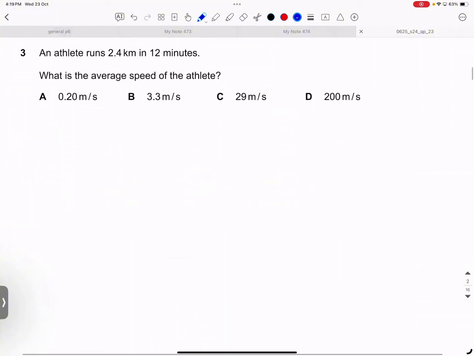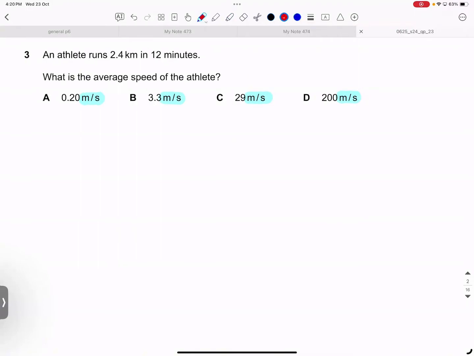Question number 3. An athlete runs a 2.4 kilometer distance in 12 minutes. What is the average speed? If you look at all options, they are all meters per second. So your first task is to change kilometers into meters. You multiply by 1,000. The distance comes to be 2,400 meters. Minutes, you multiply by 60 to change minutes into seconds.